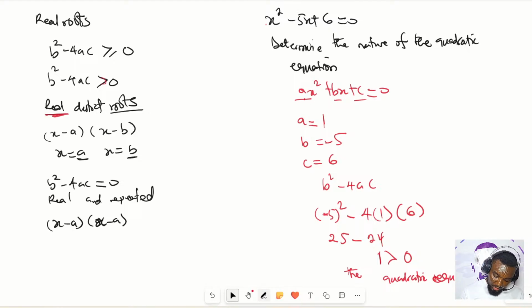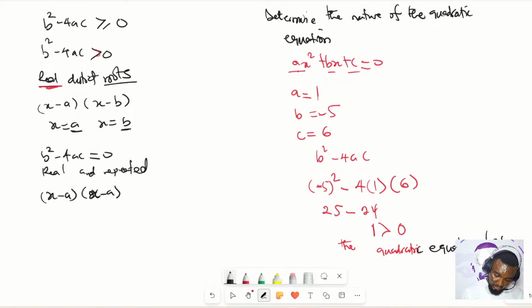So the quadratic equation has real and distinct roots. I hope it's clear.